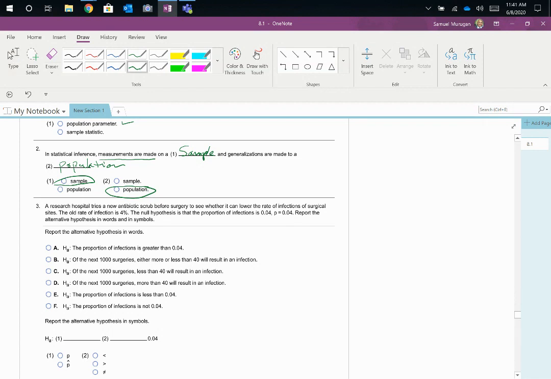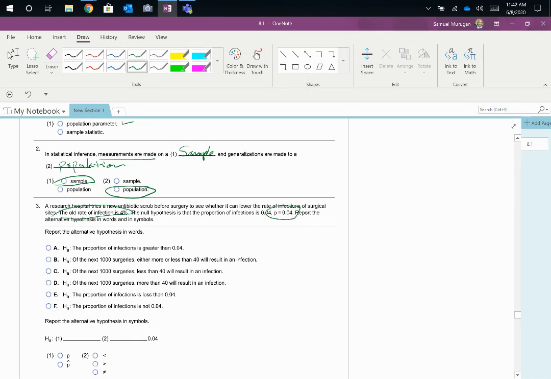A research hospital tries a new antibiotic scrub before surgery to see whether it can lower the rate of infections of surgical sites. The old rate of infection is 4%. The null hypothesis is that the proportion of infections is equal to 4%.